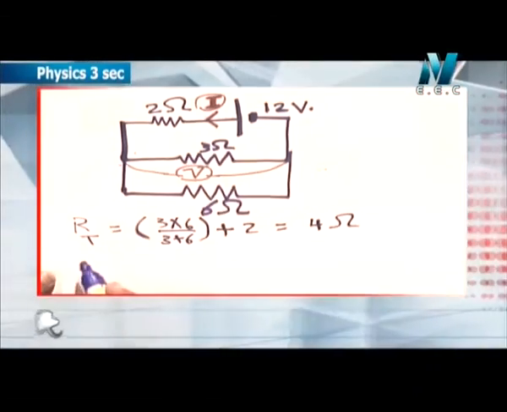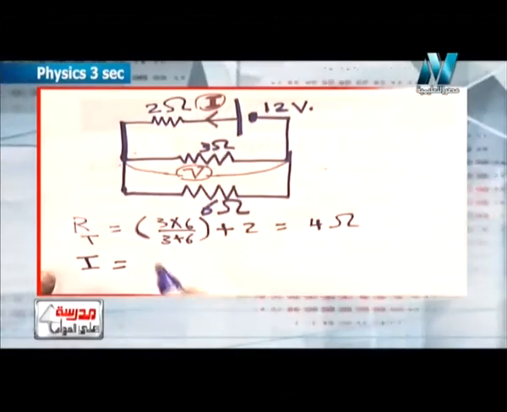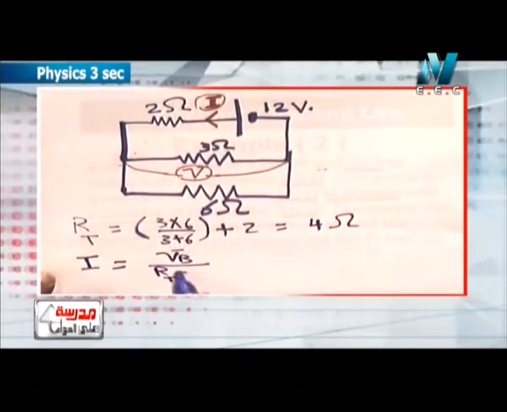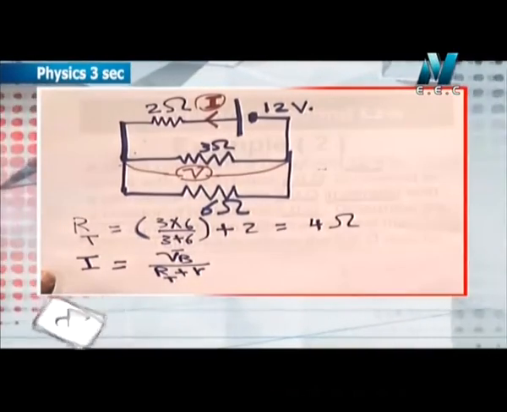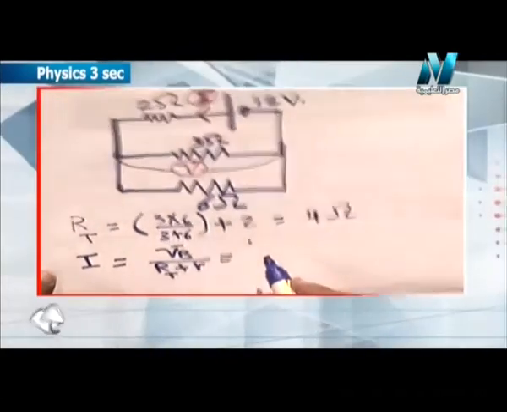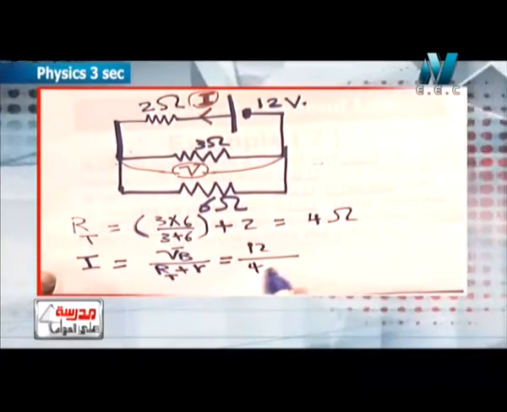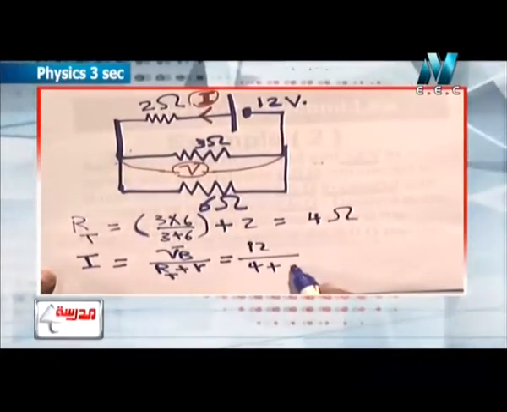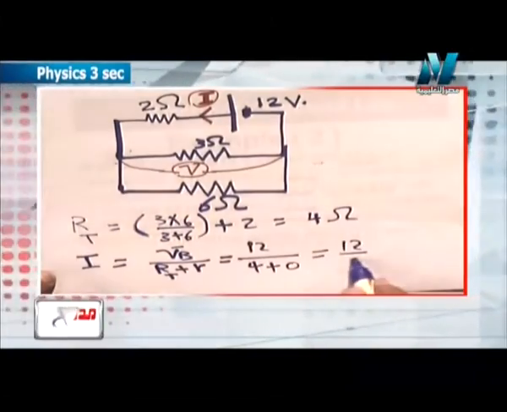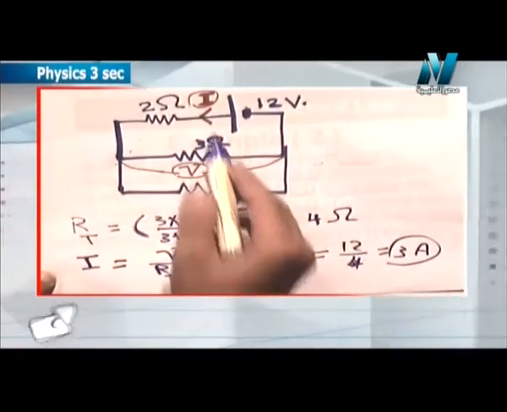How do we calculate I total? I total equals VB over R total plus r. VB equals 12, over R total equals 4 plus 0, because there is no internal resistance. So 12 over 4 equals 3 ampere. The total current equals 3 ampere.